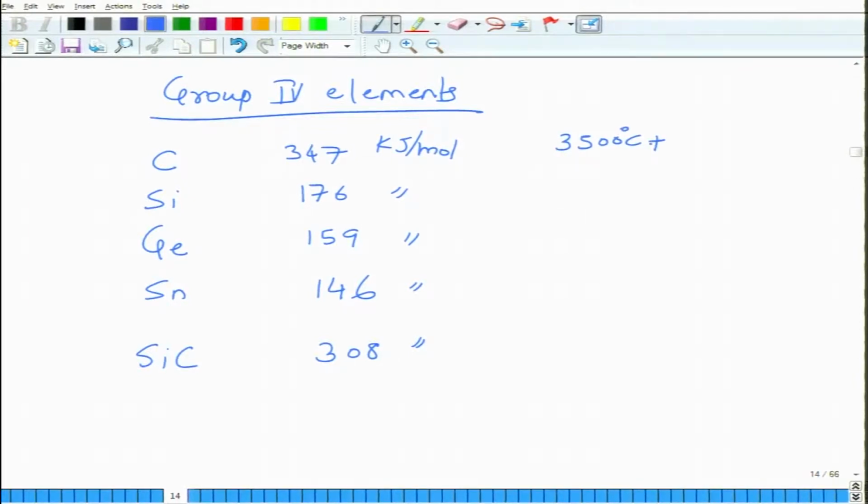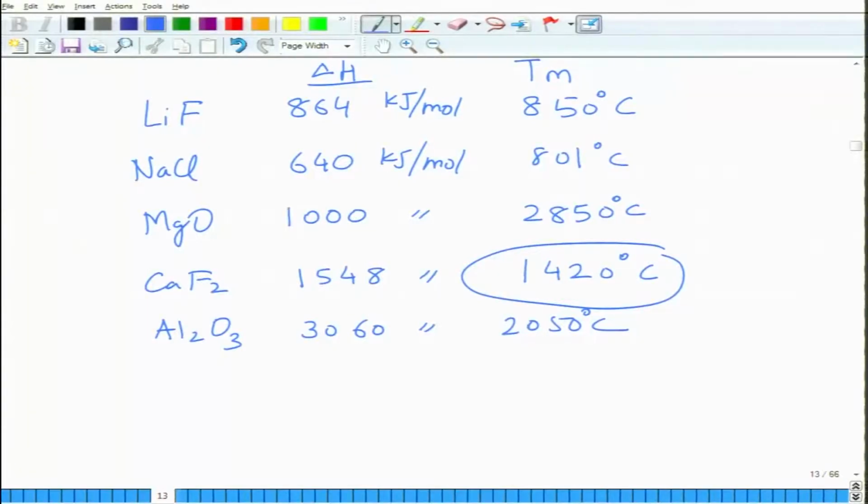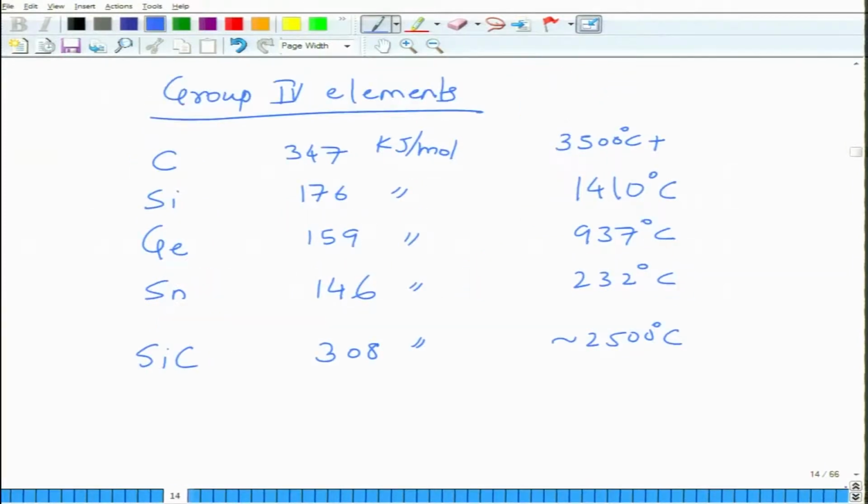It is difficult to measure diamond's melting point because it is too high. Silicon has 1410 degrees centigrade, germanium has 937, tin has 232, and silicon carbide has about 2500 degrees centigrade. So again you can see the compounds which have lower bond energy have lower melting point. Of course, this is enthalpy of atomization, not exactly the bond energy, but it is related to that, and the trend is fairly similar. What you get there is also true here.